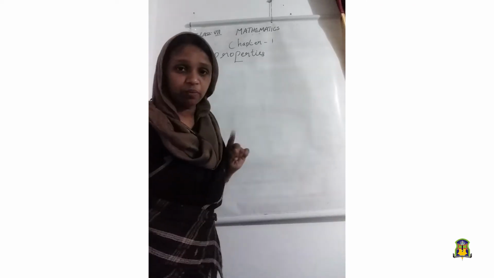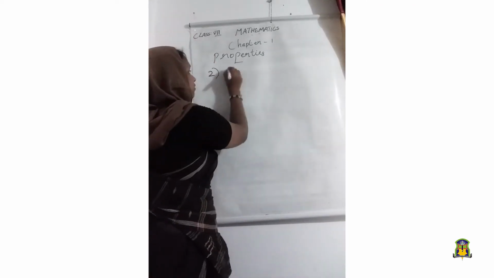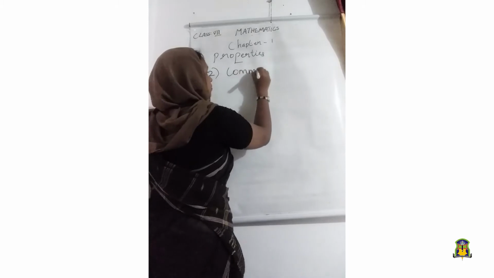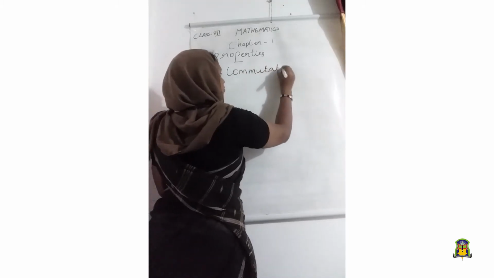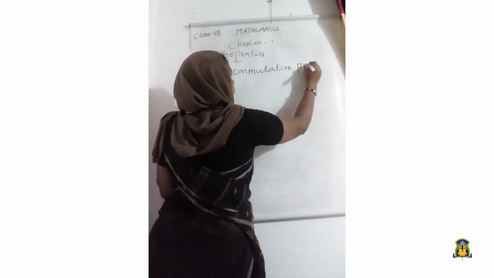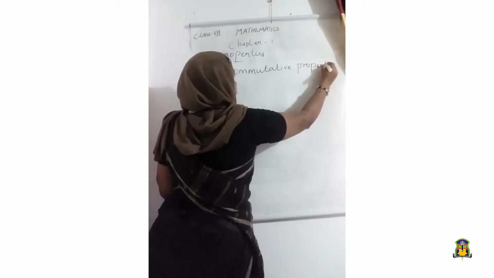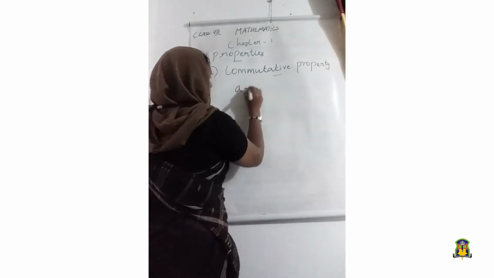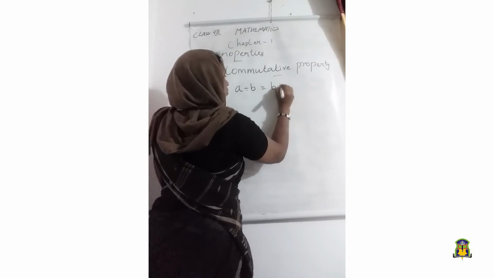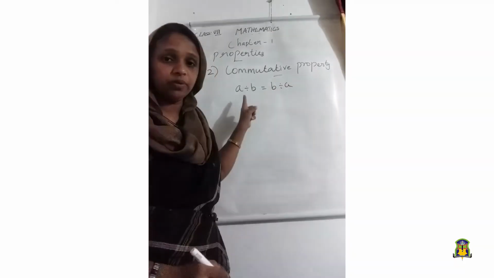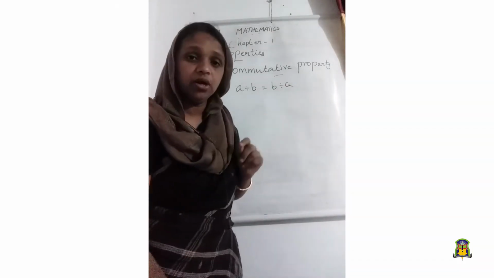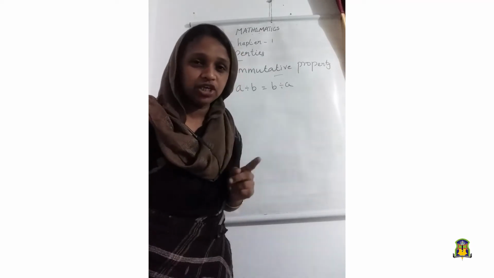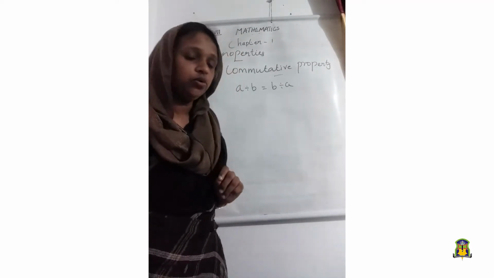Second property, the commutative property. This is the commutative property: a divided by b equal to b divided by a. That means changing the order. So we can check.